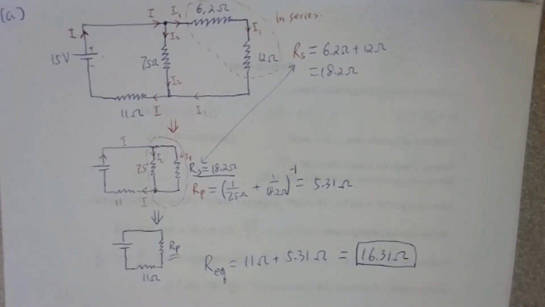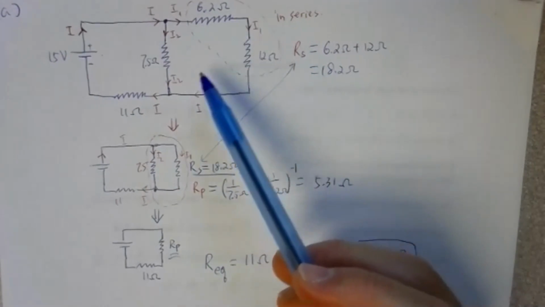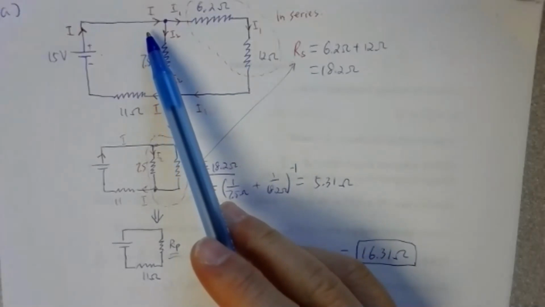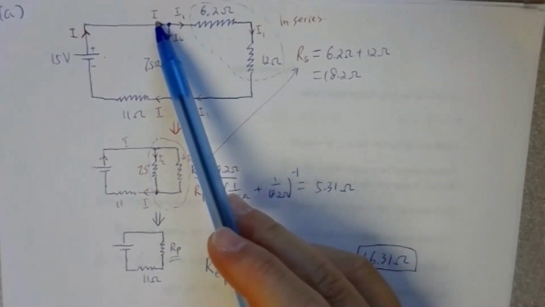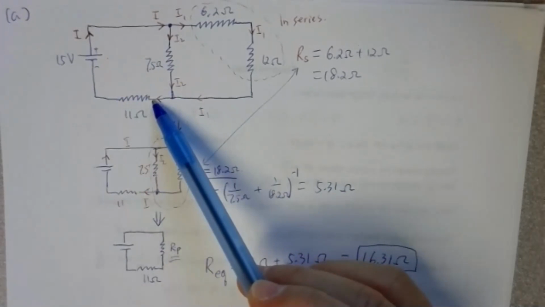So if not, then we are going to check on part B. It says find the current through each resistor. So let's see that. Originally you have 4 resistors. As we indicated initially, total current is I. That is the current going through this 11 ohms.